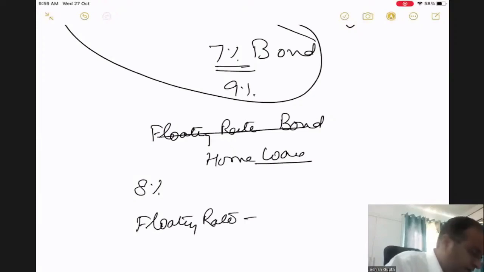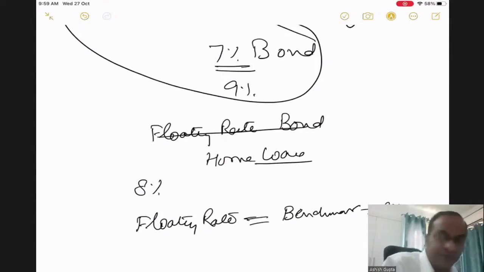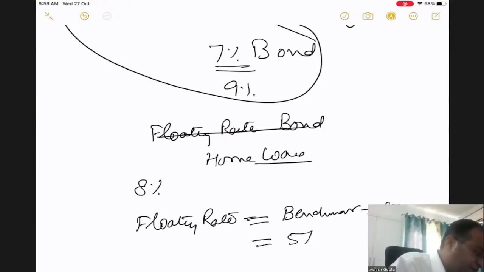Okay, this floating rate can be, say, benchmark rate plus say 2%. So the benchmark rate is say 5%. Benchmark rate, normally we can say, is a bank lending rate.